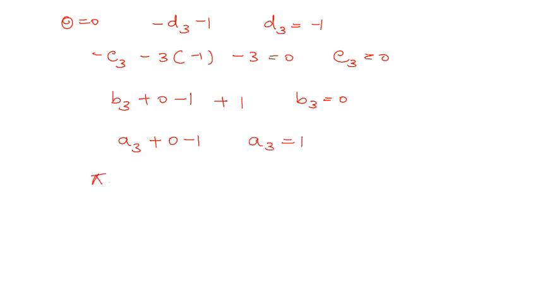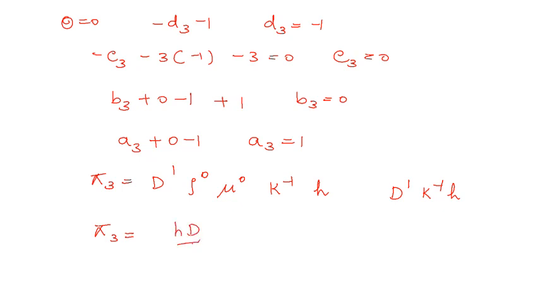Therefore, the pi 3 term is equal to d to the power 1, rho to the power 0, mu to the power 0, k to the power minus 1, and h, which is d k to the power minus 1 and h. So the pi 3 term is equal to h d by k, and we name that as the Nusselt number, and it is given in the form of mu.